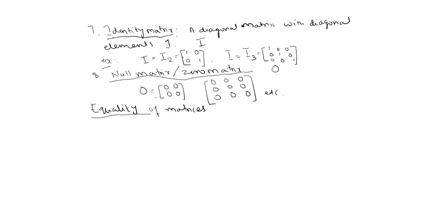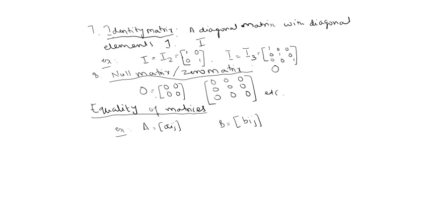Say we have a matrix A as Aij of order 2 by 3. Then B is a matrix Bij, also 2 by 3, or we will write this as m by n and p by q, so that it will be easy to compare.